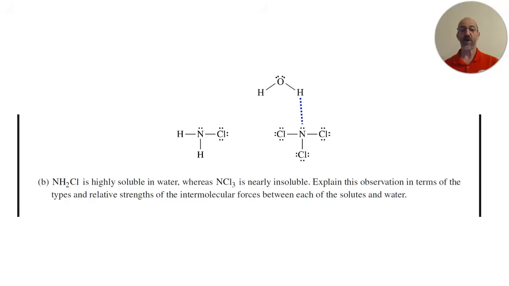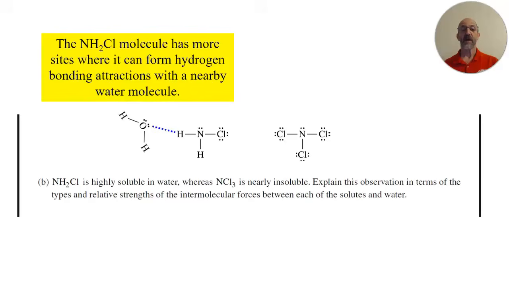So there's the water molecule forming a hydrogen bond attraction to NCl3. That was surprising for some students that that was possible. So I've got more sites on the NH2Cl molecule that can form hydrogen bonding attractions with a nearby water molecule.